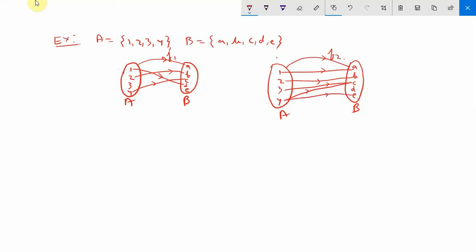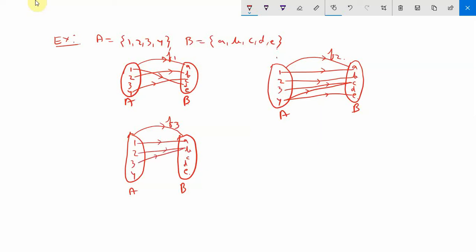Okay. Next one is given as f3. So 1 is related to a, 2 with b, 3 with b, and 4 with e.